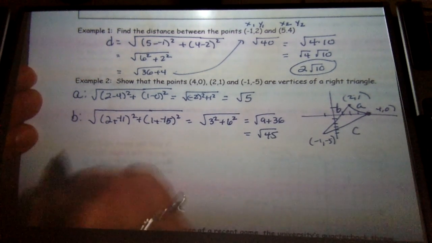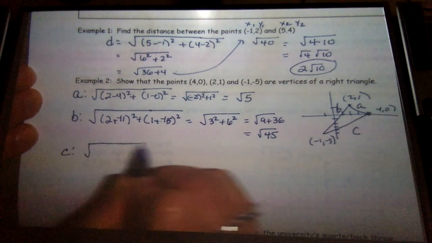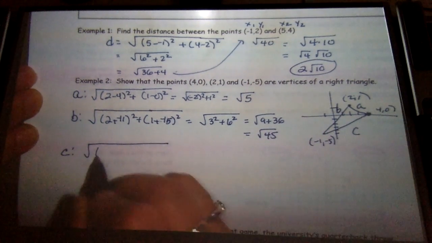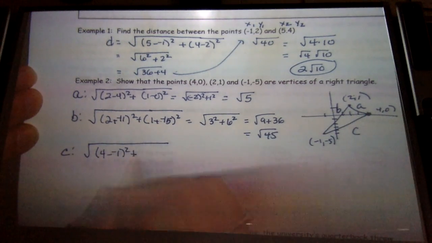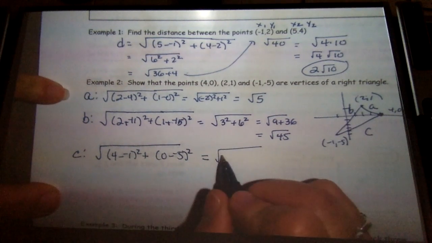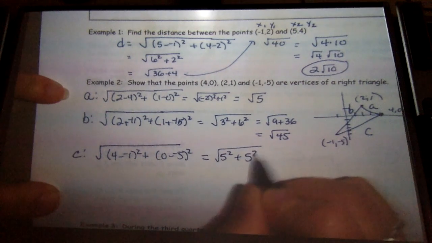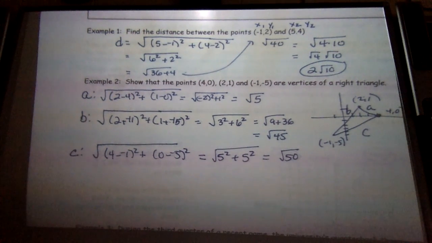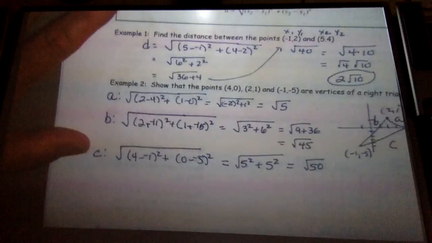And then C, the x's are 4 minus negative 1 squared plus 0 minus negative 5 squared, which is 5 squared plus 5 squared, which is the square root of 50. Right here? Yeah, it was 2 minus a negative 1.